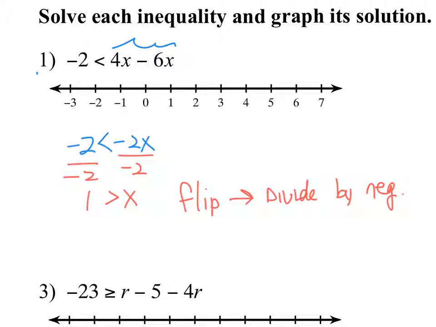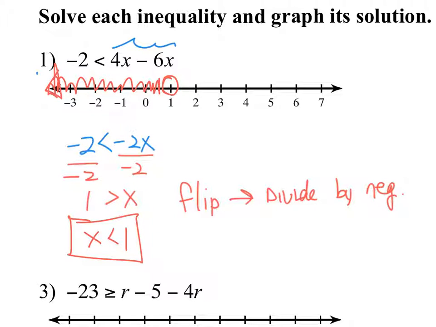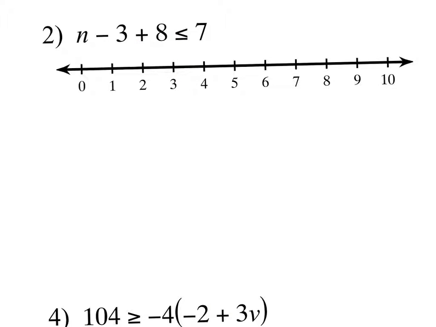So writing it from left to right, x is less than 1. Then on the number line we will put an open circle on the 1, meaning that it cannot equal 1, and we're going to shade the values which are less than 1, which happens to be to the left.